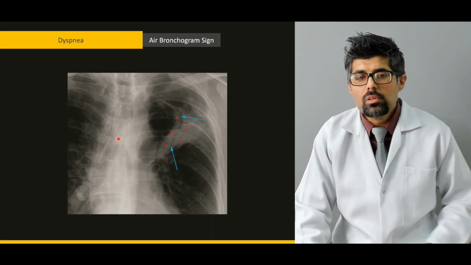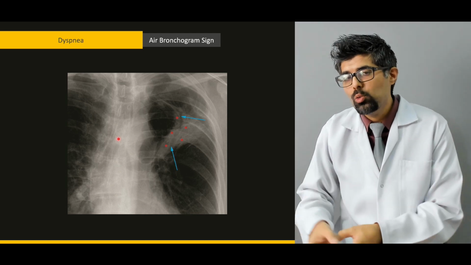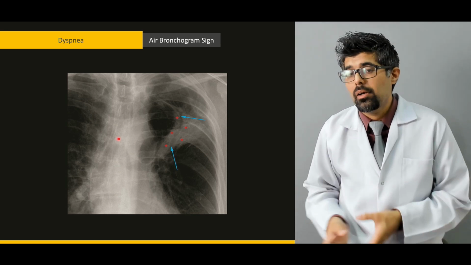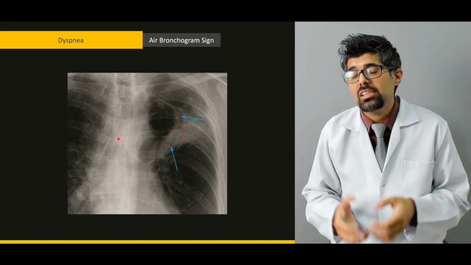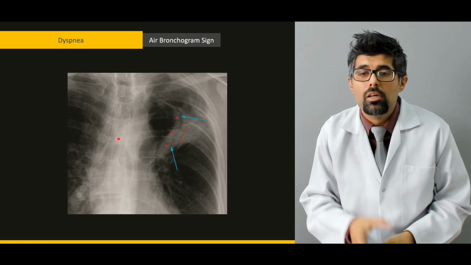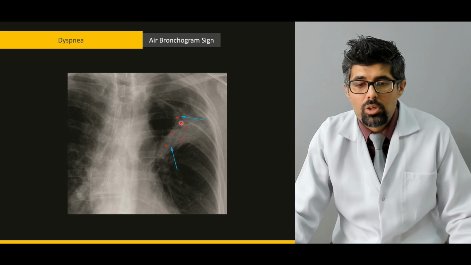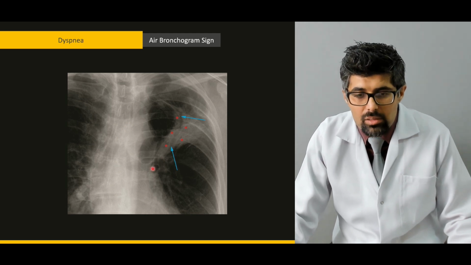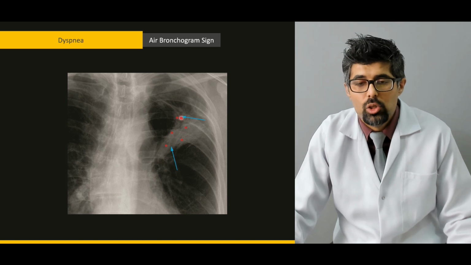Now, whenever there's dyspnea due to consolidation in the lung parenchyma, we get signs. One of the signs that we get is called the air bronchogram sign. The air bronchogram sign is the appearance of bronchioles inside the consolidation.